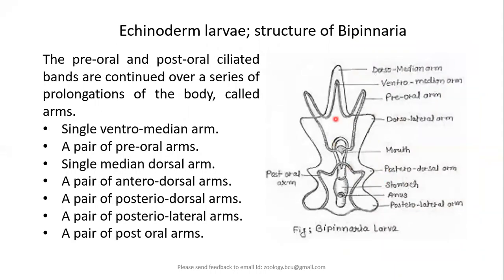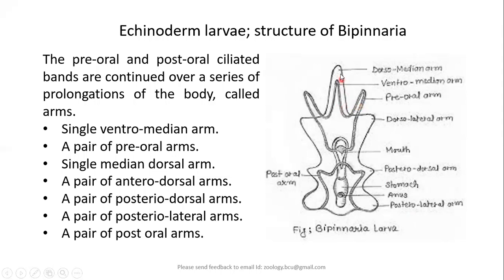The pre-oral and post-oral ciliated bands are continued over a series of prolongations of the body called arms. You can see the lateral and anterior extensions of the body called arms. These arms are as follows. There is a single ventromedian arm, and a pair of pre-oral arms.